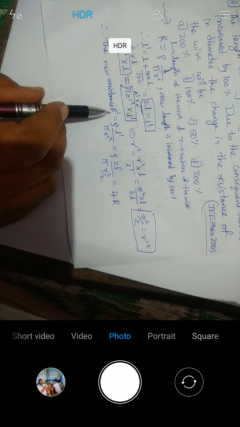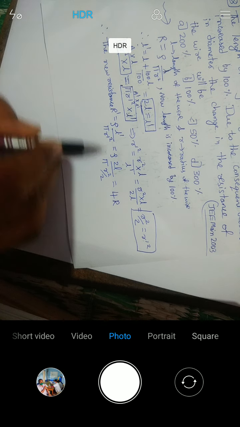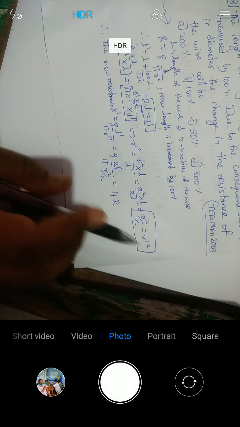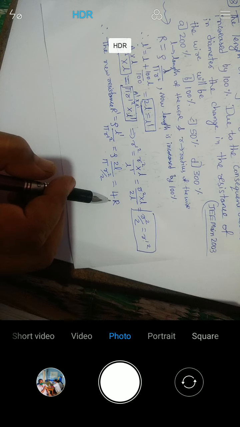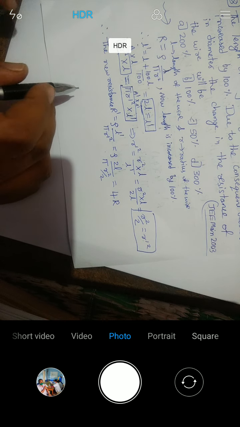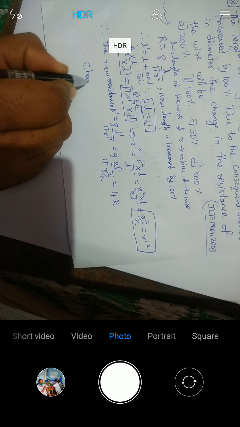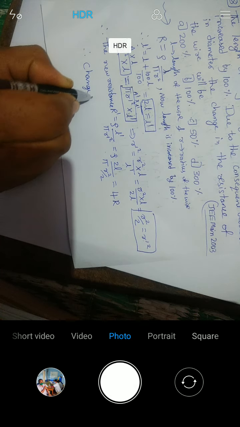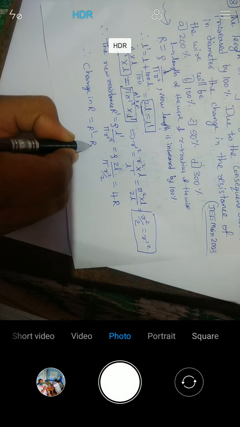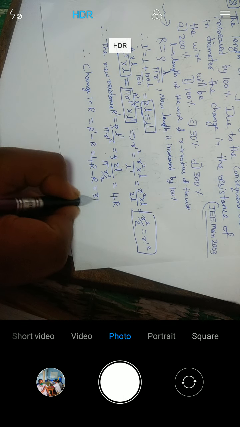Therefore, the new resistance R dash is equal to rho L dash divided by pi r dash square, that equals rho 2L divided by pi r square by 2. By solving this, you will get 4R. Therefore, the change in resistance is equal to R dash minus R, that is 4R minus R, that is 3R.